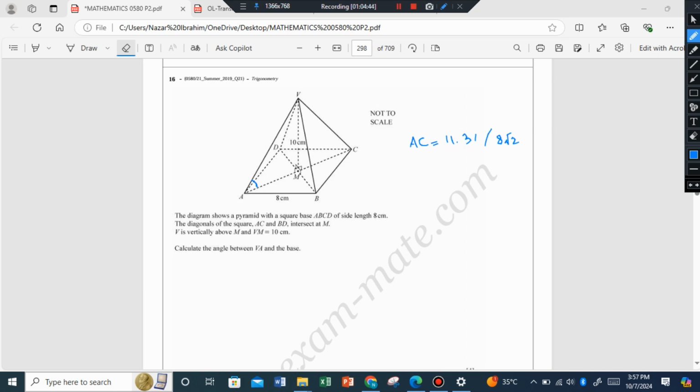Now the triangle which we are having now, in order to calculate the angle between VA and the base, is VAM. So this angle which we are looking for, this is VM, 10 centimeter. This is AM, which is half of AC, right?